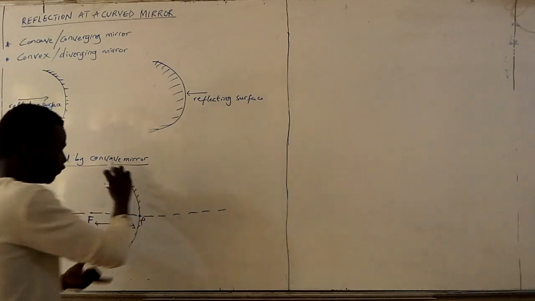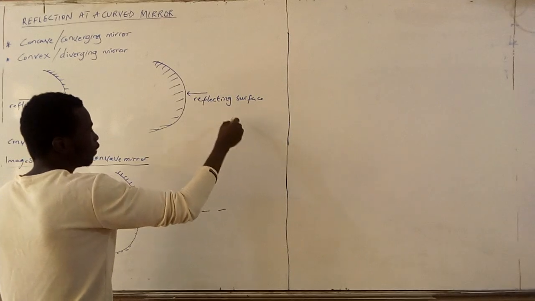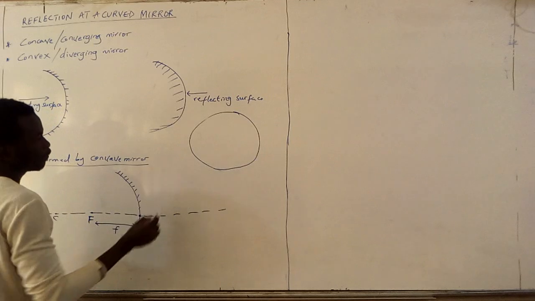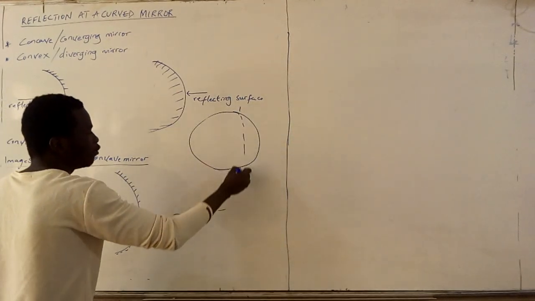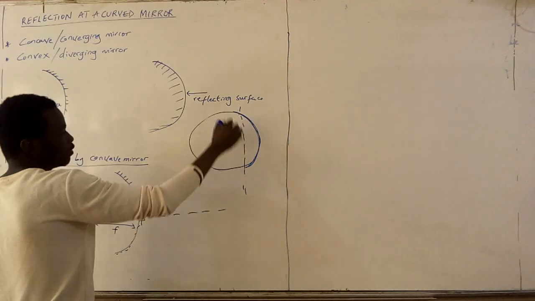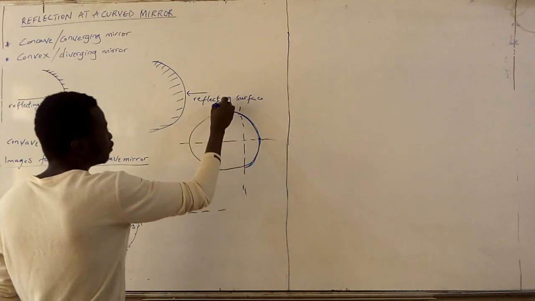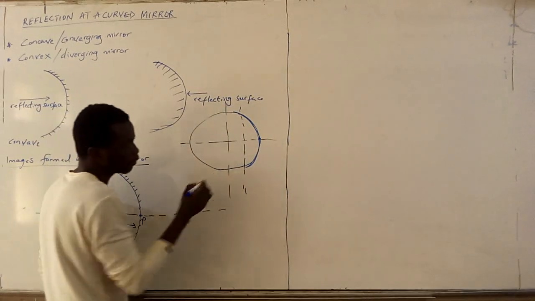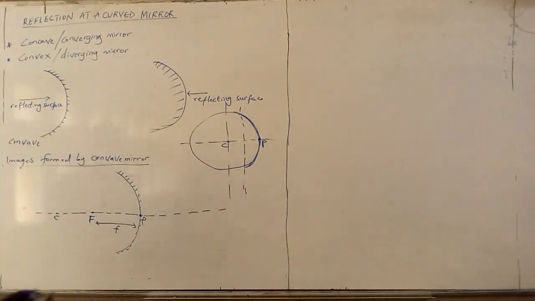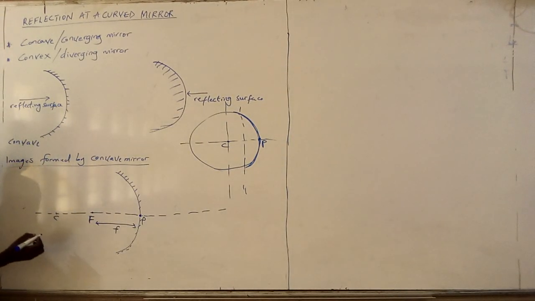For us to have a curved mirror this way, we first have to have a sphere. So this is a sphere. When we cut this sphere into two, you can see we have a curve here. So let's say this is the mirror. This is the pole and this place is C, the center of that sphere, of which this curve is part. So this is our center of curvature.